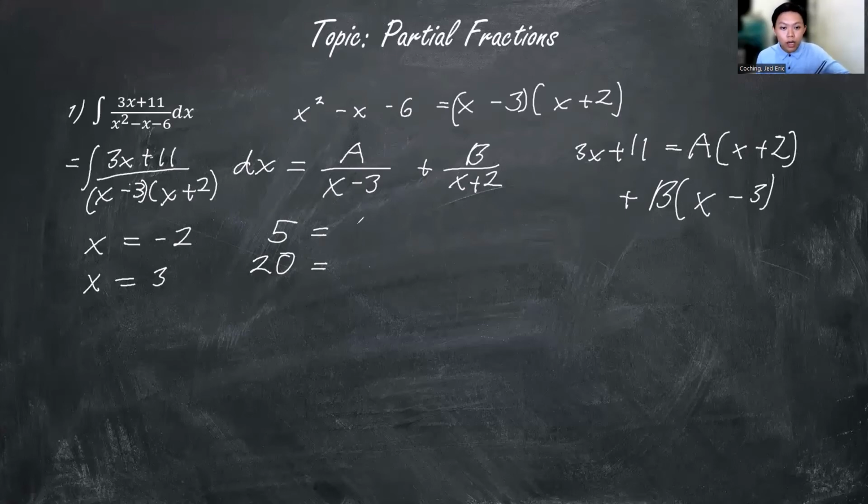So A plus B, this is going to be, as this is negative 2, is 0, and this is negative 5 for 20 now.